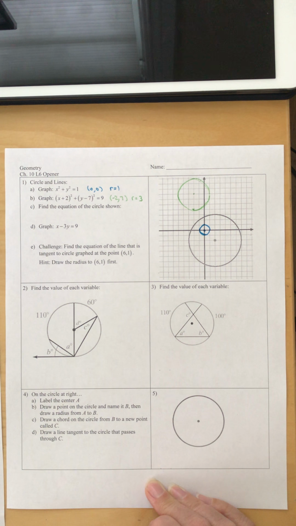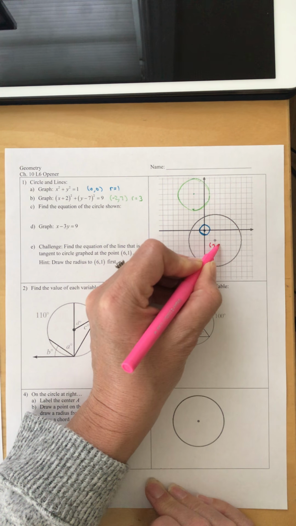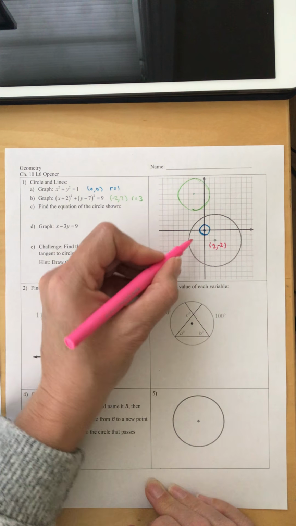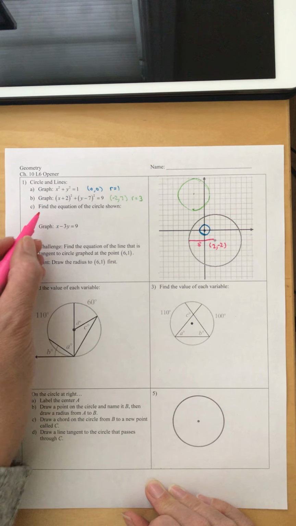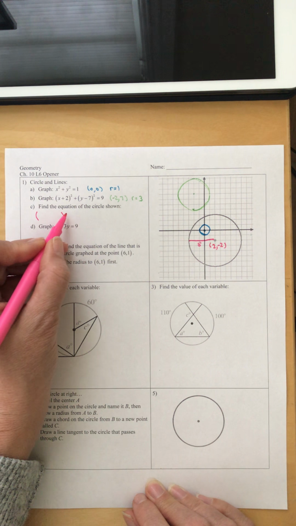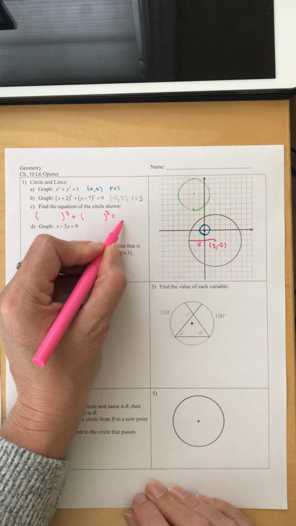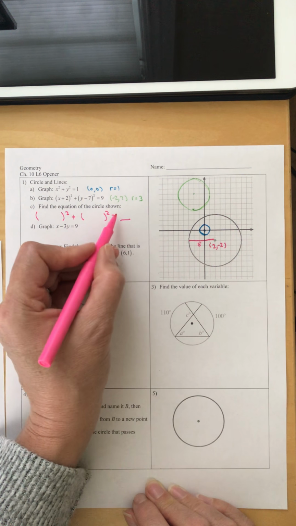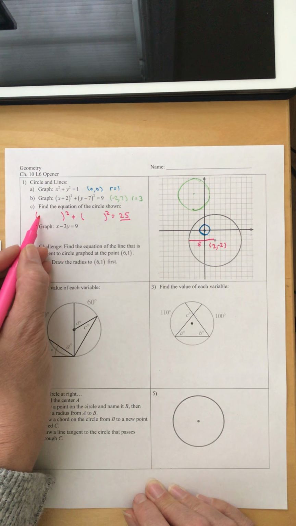And then we're supposed to find the equation of the circle shown. The center of this circle is 2, -2, and the radius is 5. So the equation will have this structure. Since the radius is 5, this is going to be 5 squared, or 25.